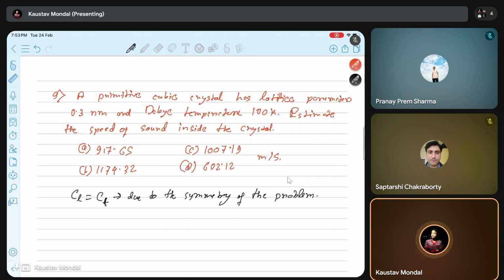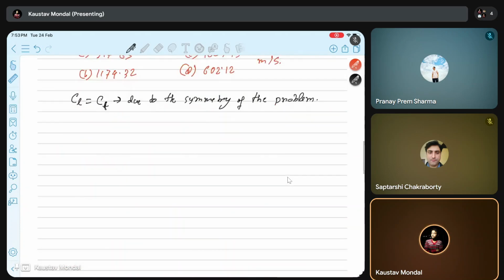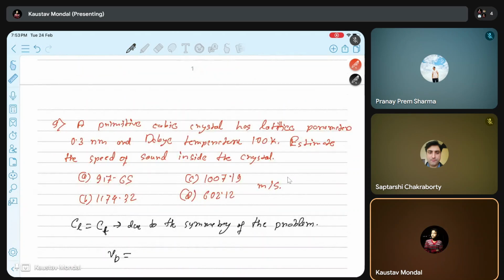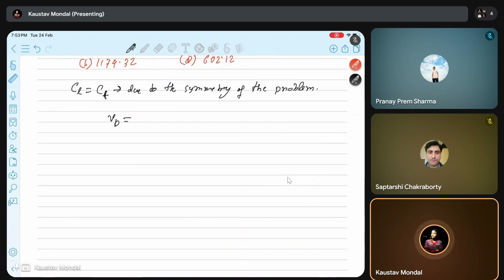If you do that, in that case, this nu d expression, nu d you already know, is the frequency. Although you have to calculate the speed, so before that, we first calculate this nu d. Okay, from the nu d itself, we will calculate the speed of the sound.